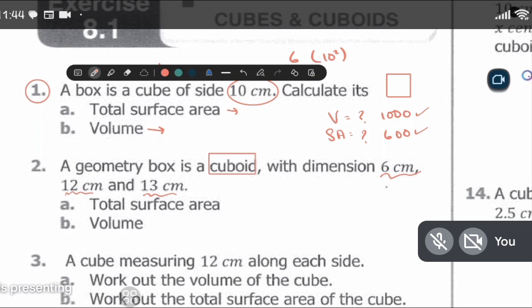Volume is 936. Yes. What will you do for surface area?